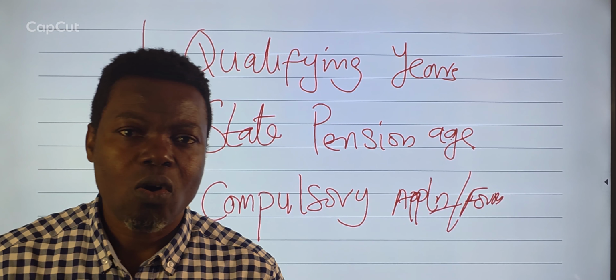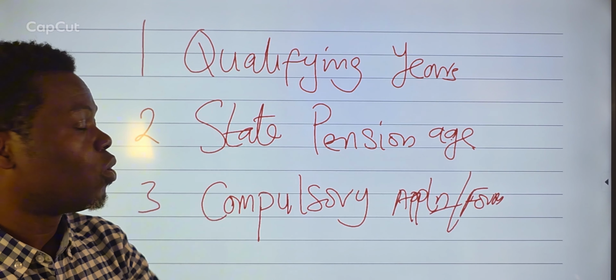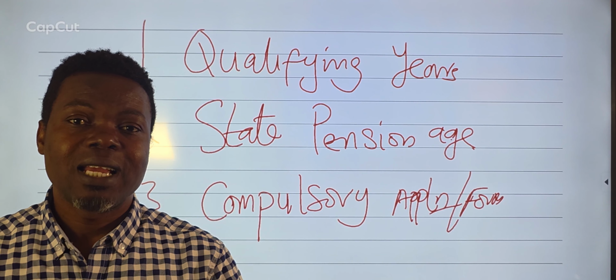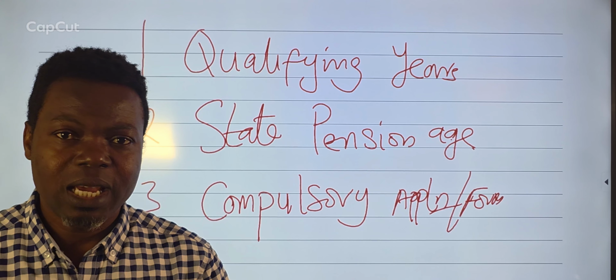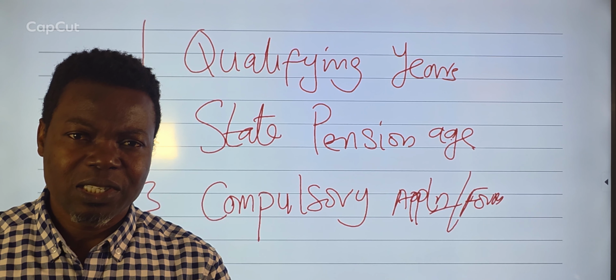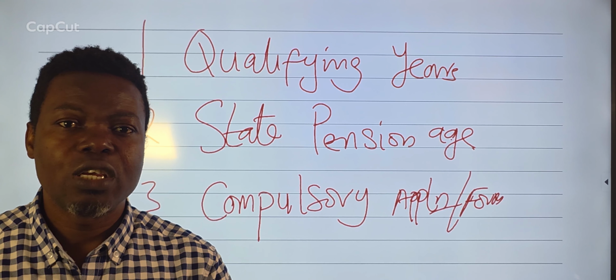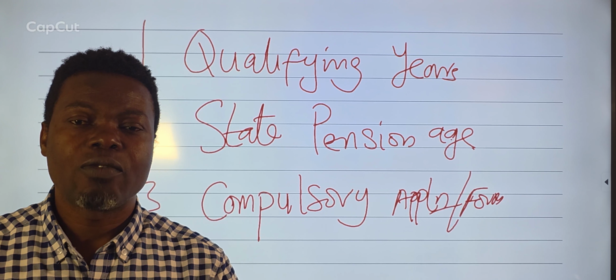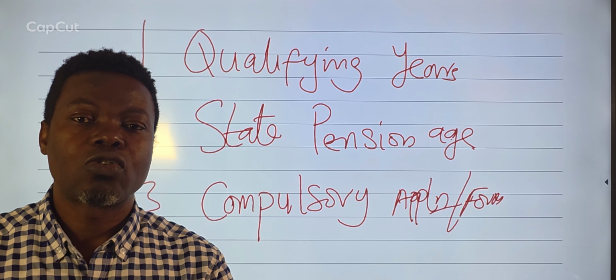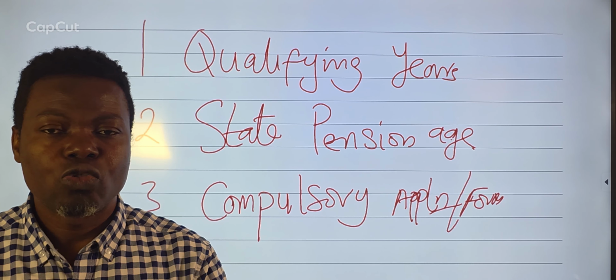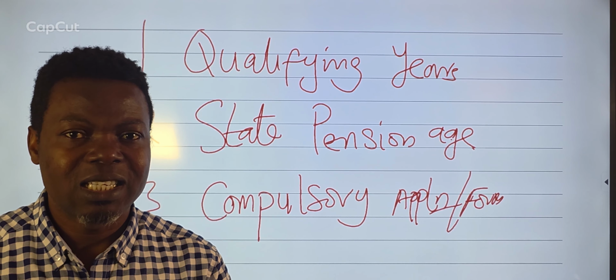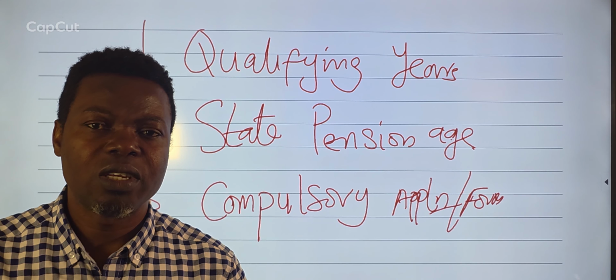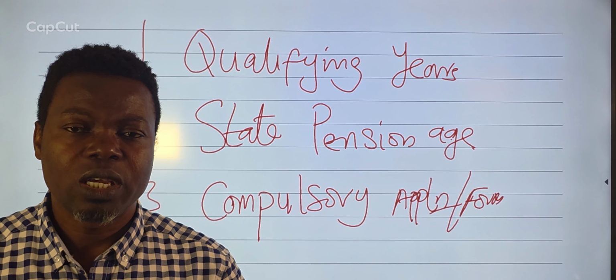Let's look at the second condition, which is state pension age. What that simply means is that there is a certain age you will get to before you will start receiving that payment. If you have met the first condition, which is the qualifying years, you have already contributed for 10 years or even above, but you have not gotten to a certain age, you are not going to be receiving any money from the UK government.